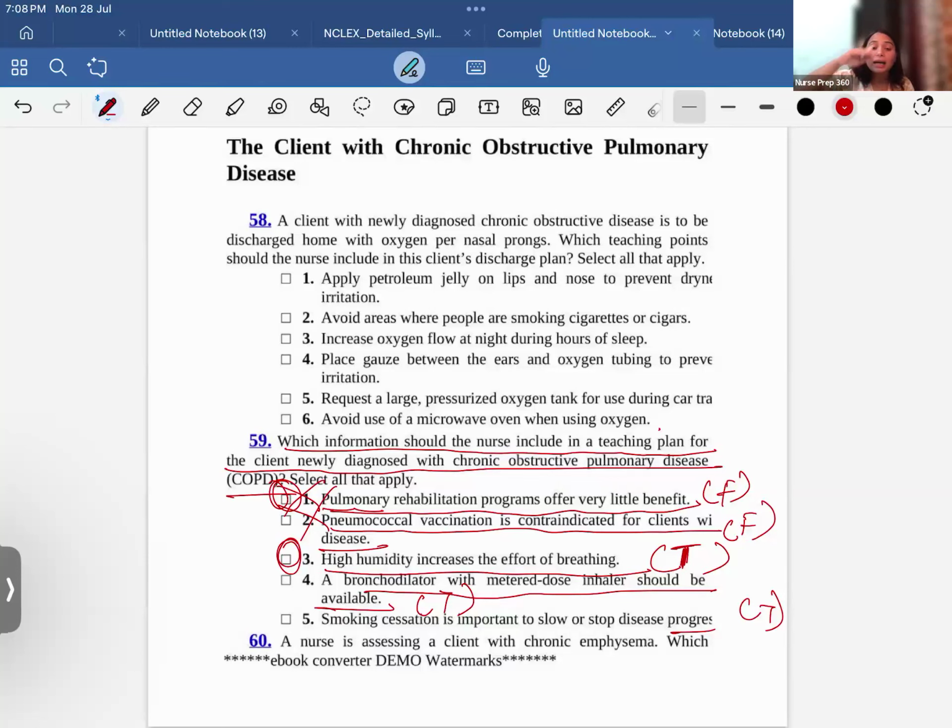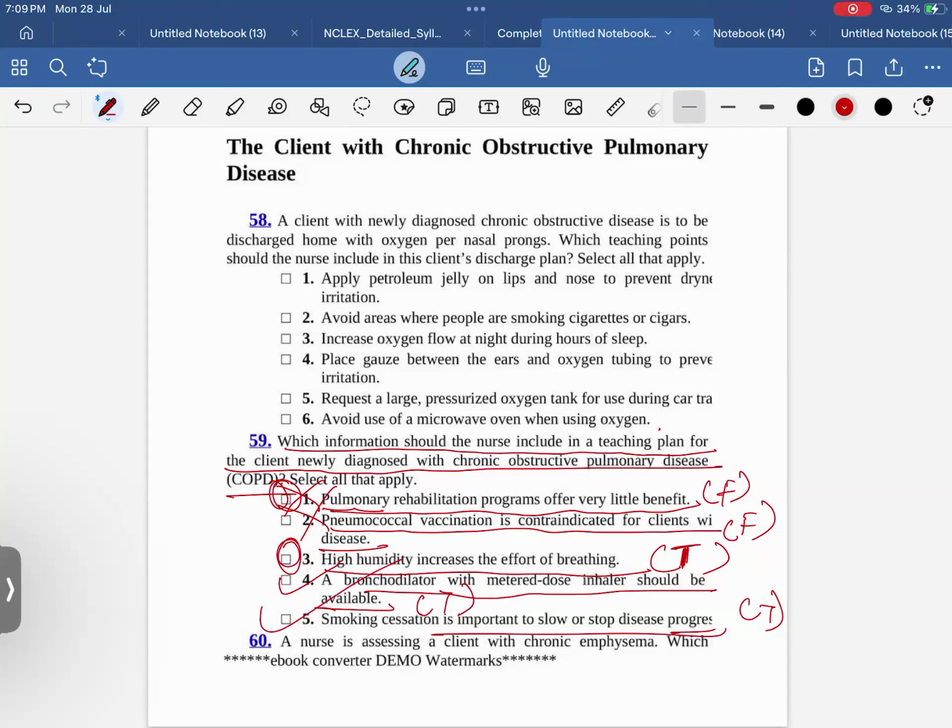And as we go up in altitude, away from sea level, there is less pressurized oxygen. As we go high up, it also increases the effort of breathing. This is also true. Next, smoking cessation is important.